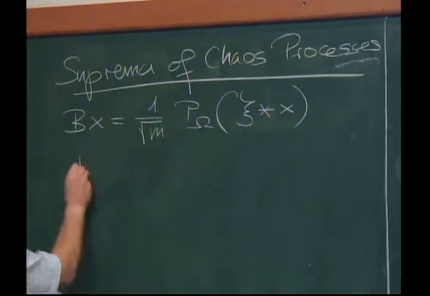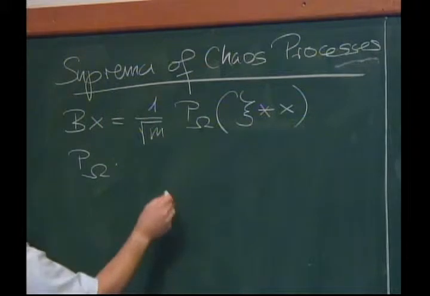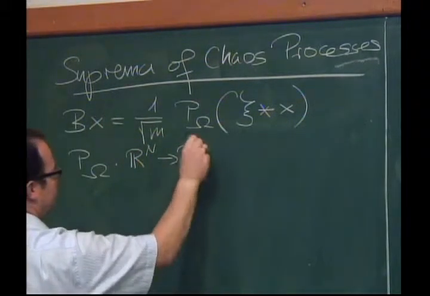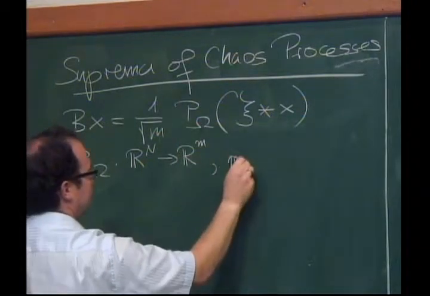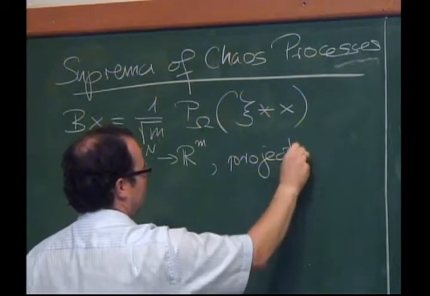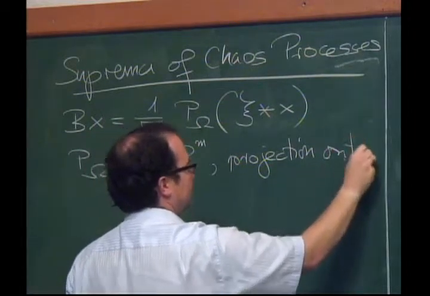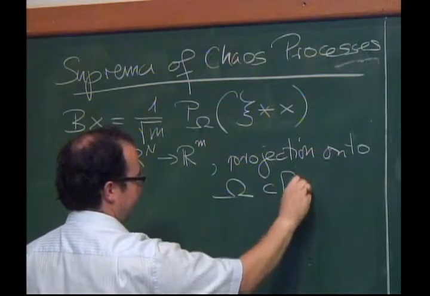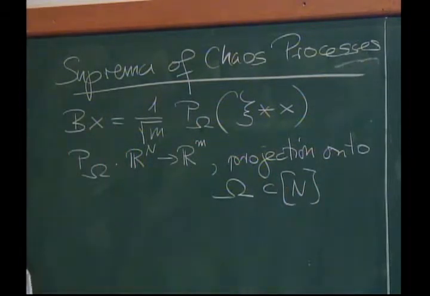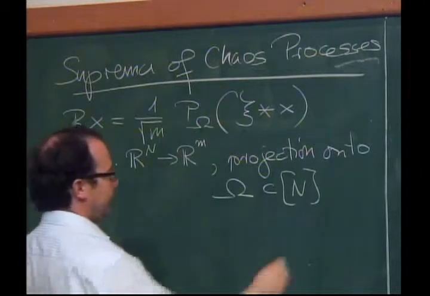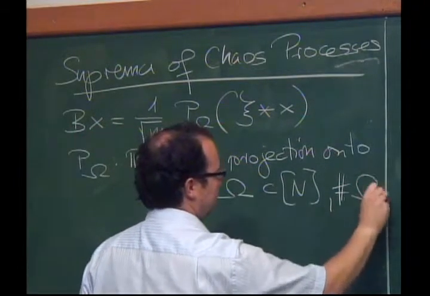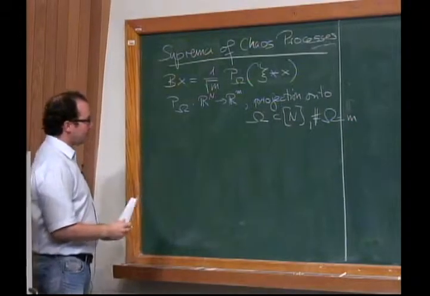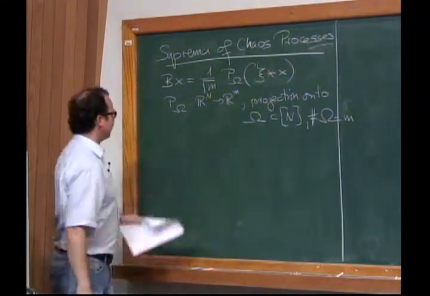So P omega is a map from R^n to R^m, the projection onto some set omega, a subset of the numbers from 1 to n, and the cardinality of omega is m. And so this was the cyclic convolution.